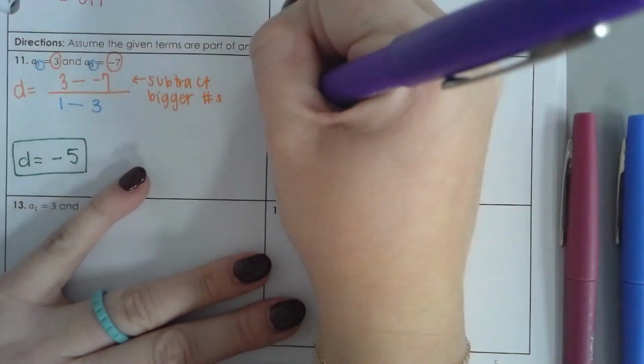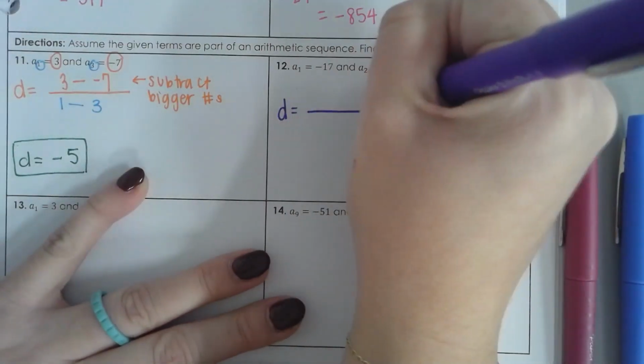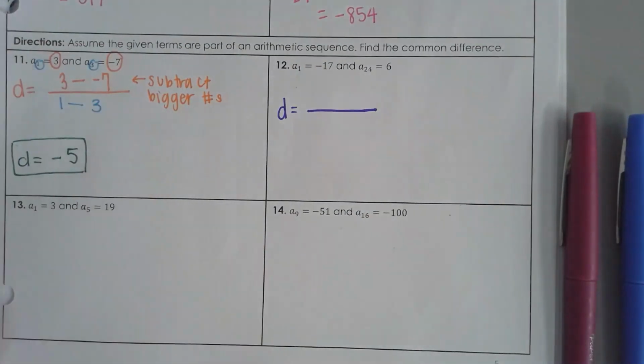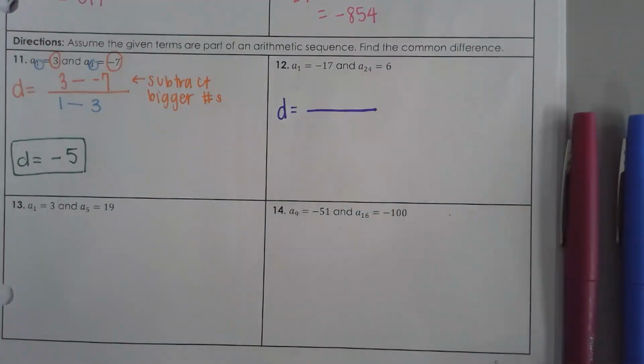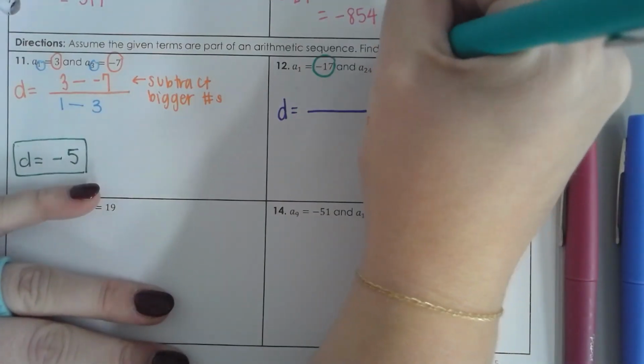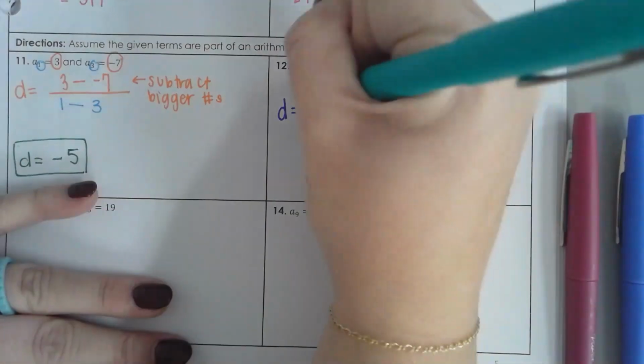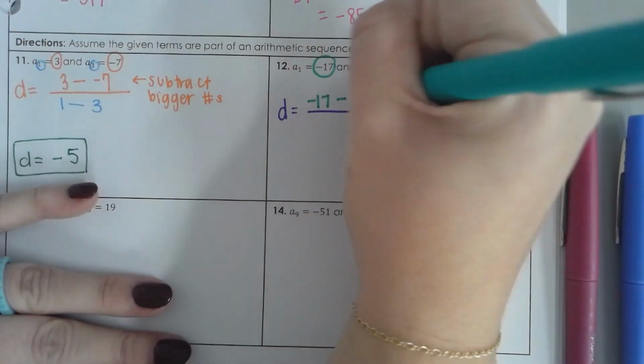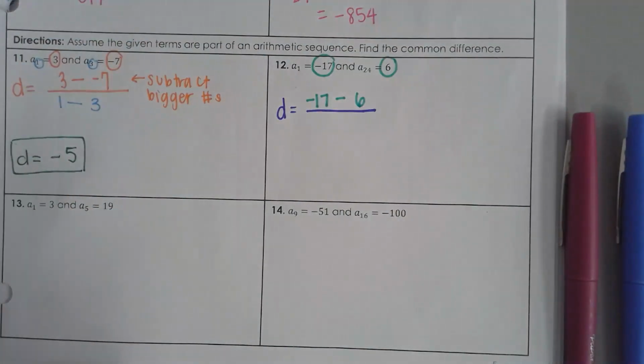So for our common difference, we're going to do a fraction. On the top of the fraction, we're going to subtract those bigger numbers: negative 17 minus 6.